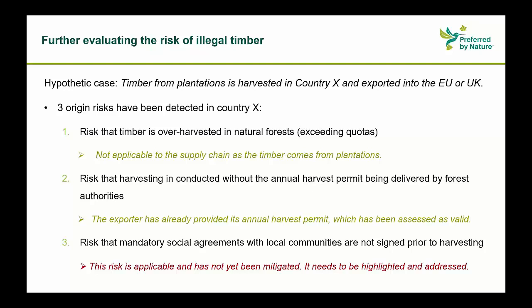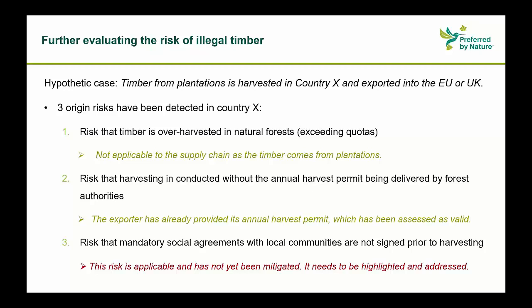The second risk I've identified is that harvesting can be conducted without the annual harvest permit being delivered by forest authorities, right? It should not happen, but it does happen regularly. In my fictive case, my supplier has already provided me its annual harvest permit, right? I do not require it, but they send it to me nonetheless.